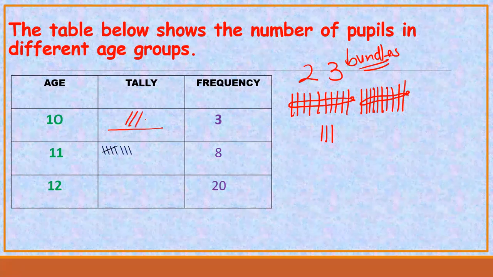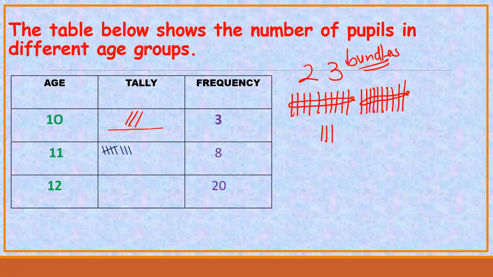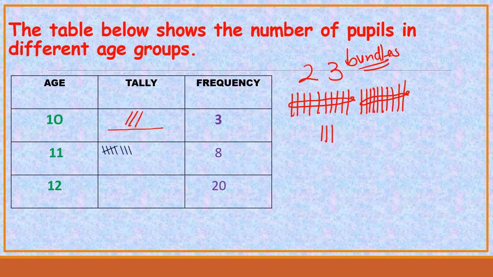I'm not going to tie them because they don't make a complete group of 5. Am I clear? So when you look at the frequency and this part of the tally is missing, the frequency tells you that you must have 3 counters or sticks here.